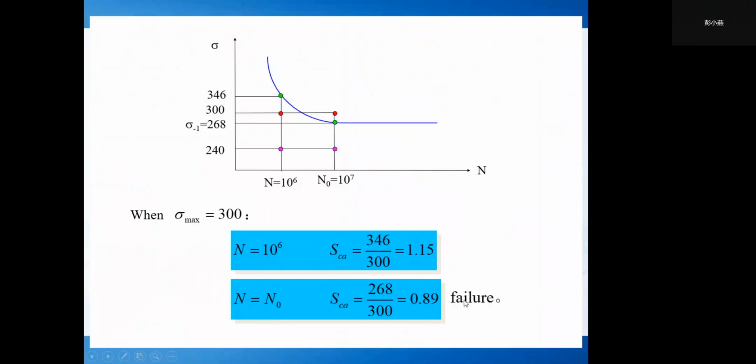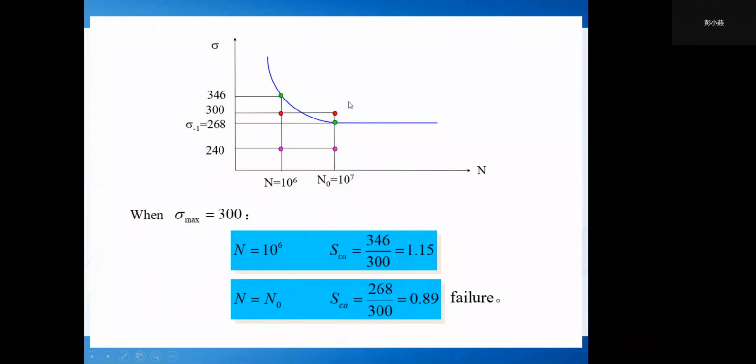It is less than 1, so the element will fail. We can find this point is on the curve.